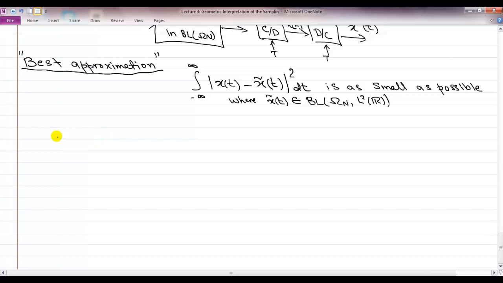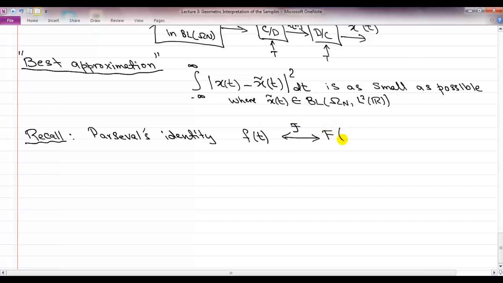So for that, we'll have to remember a couple of other properties of the Fourier transform. The first one, I hope you guys remember, is called Parseval's identity. What is Parseval's identity? It says that if you have a function f of t and its Fourier transform is F of j omega, then the energy in the time domain is equal to the energy in the frequency domain.